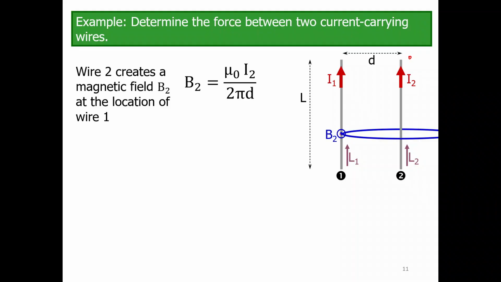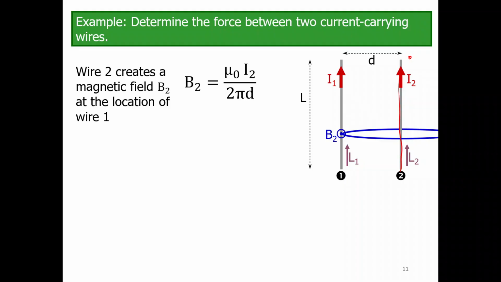At the exact location of I1, I've got a dot here, because if I put my thumb on wire 2 right here and curl my fingers around as if I was holding wire 1, my fingers actually point up out of the page at that instant. So although I'm making a looping magnetic field, at this instant the magnetic field where wire 1 is located is directly out of the page.